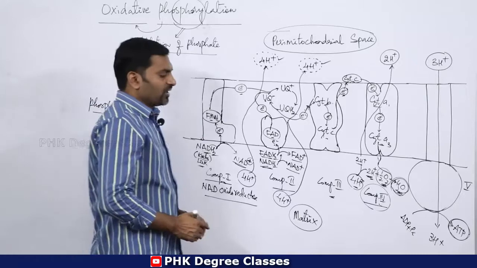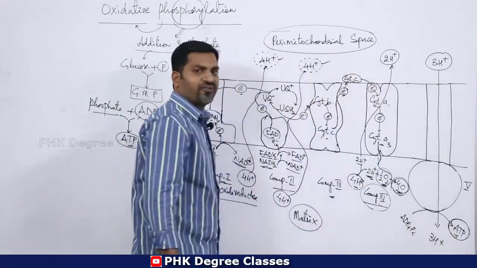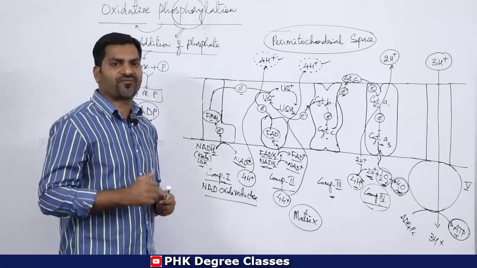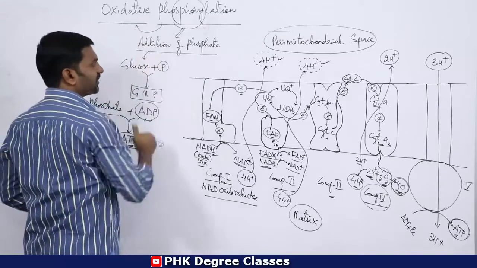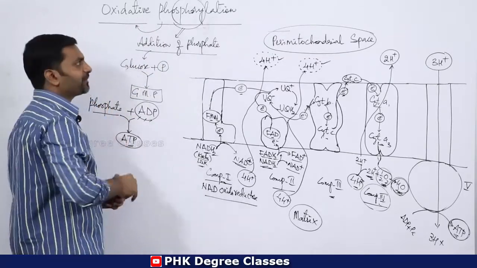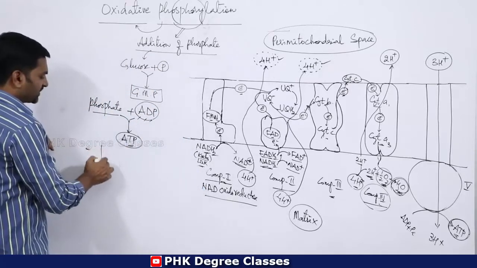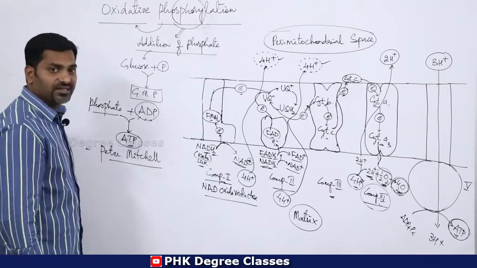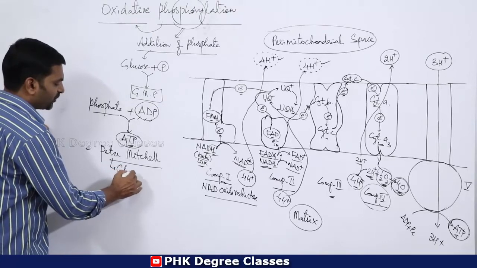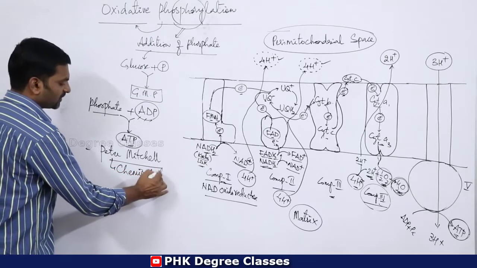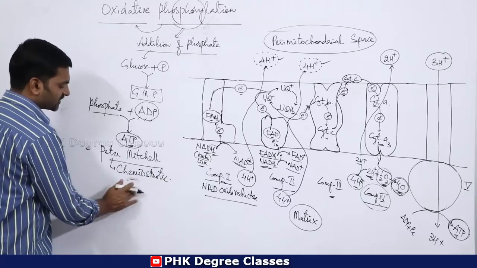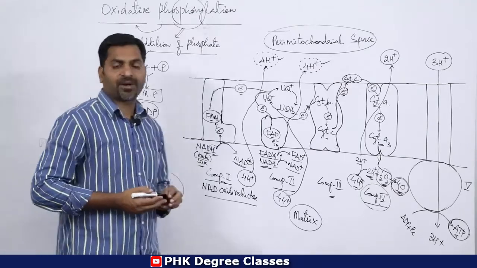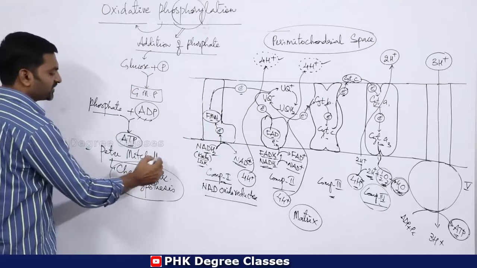Now the formation of ATP is based on different biochemical processes. This entire formation of ATP, that is oxidative phosphorylation, can be explained by Peter Mitchell. Remember, Peter Mitchell proposed a theory called the chemiosmotic hypothesis in the year 1961.